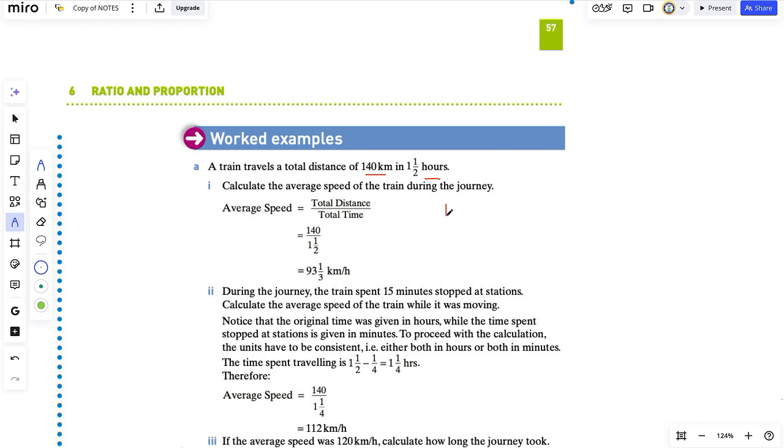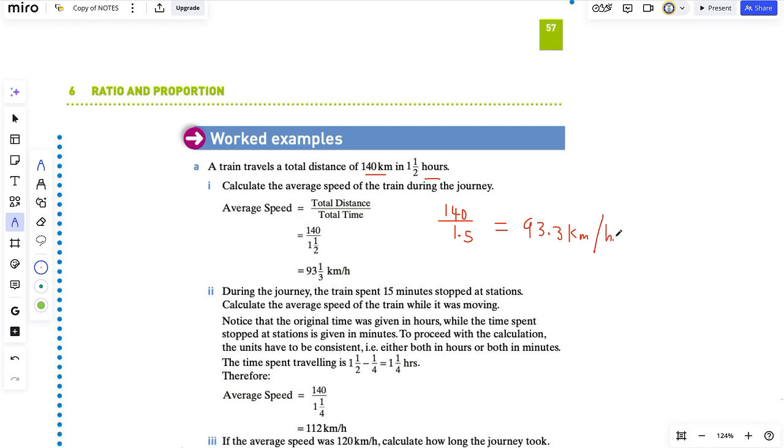So this will be 140 divided by 1.5 hours. If you press your calculator, 140 divided by 1.5, you get 93.3333, with the 3 repeating itself. So the answer is 93.3 kilometer per hour.